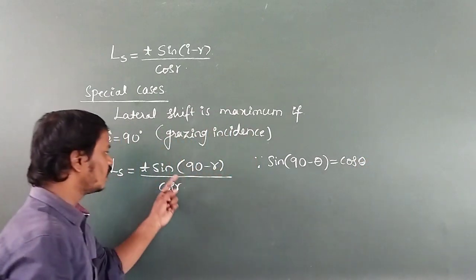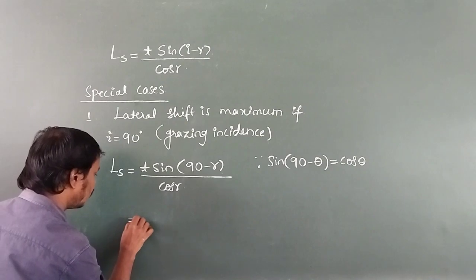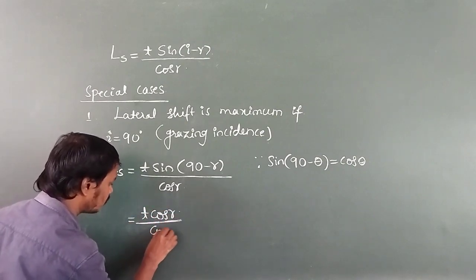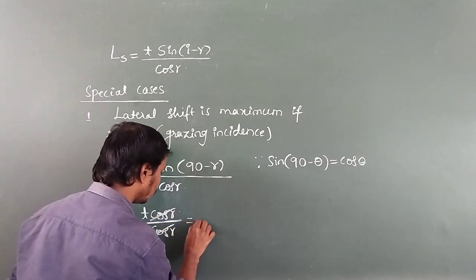Now we can write sin(90 minus R) as cos R. Then T into cos R whole divided by cos R. Then cos R gets cancelled. Now it is equal to T.